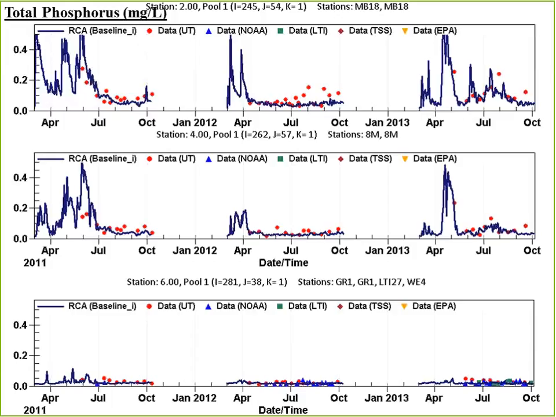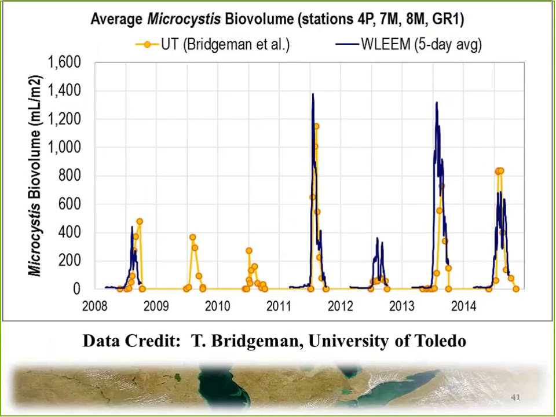The red dots are actual data over 3 years, and the model did a pretty good job of fitting them. The second box is a little further from the outlet of the Maumee River, and the nutrients are more diluted. And the model does a good job of hitting those targets partway out and further out into Lake Erie.